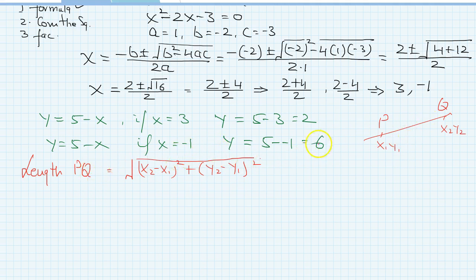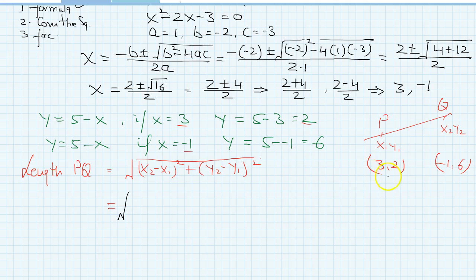So we know the coordinates of P. The coordinates are (3, 2) and (-1, 6).